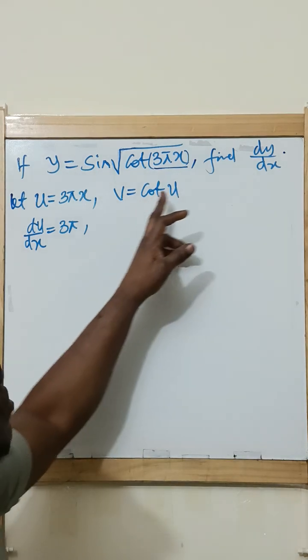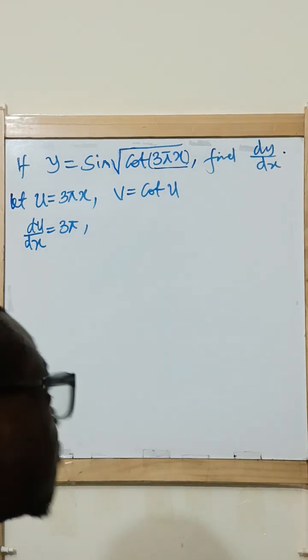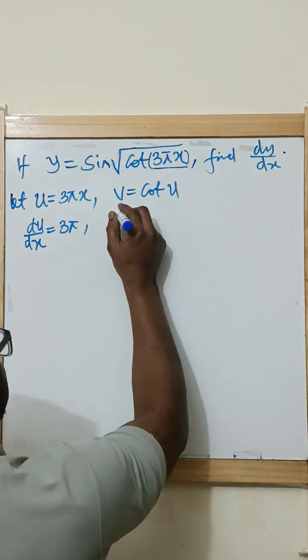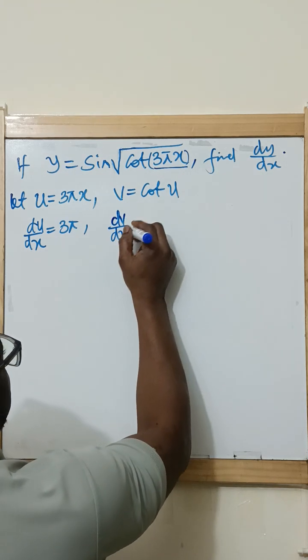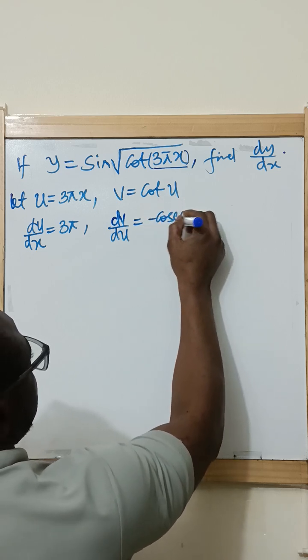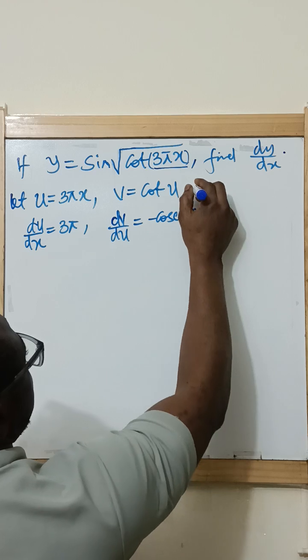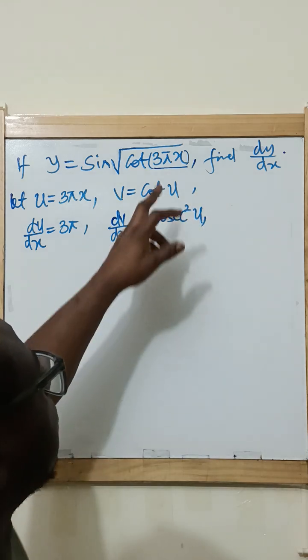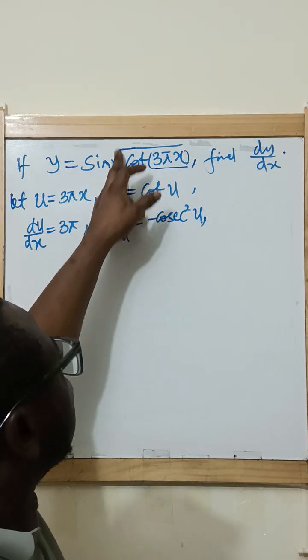So let v equal cot u, so that dv/du from here is going to be minus cosec squared u.